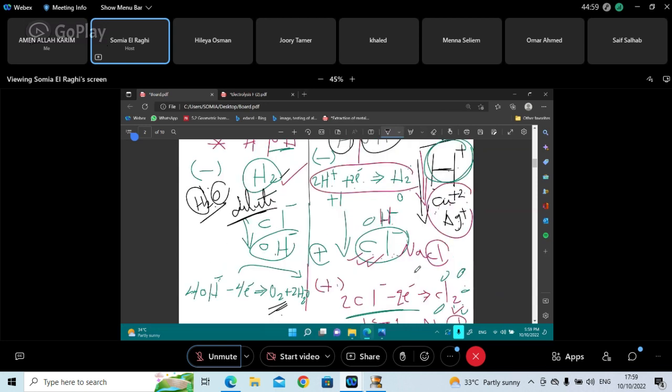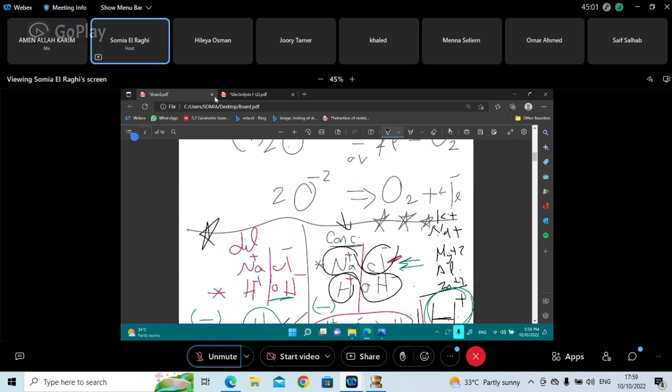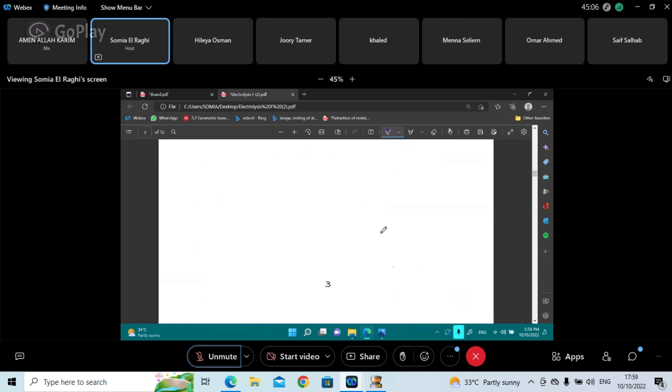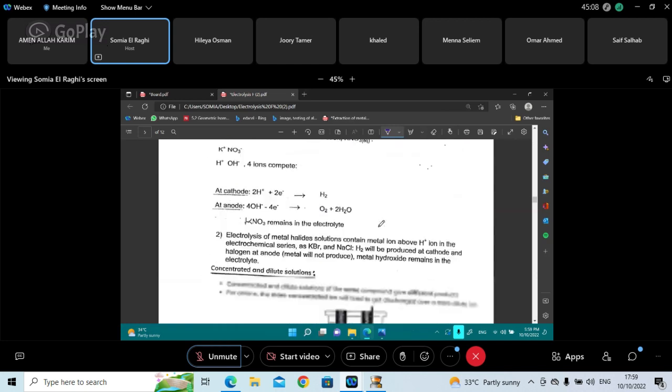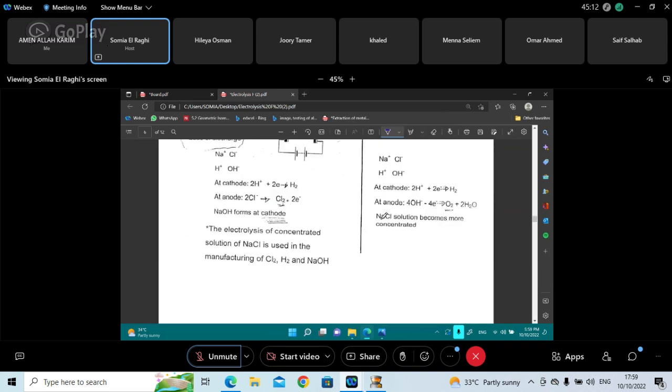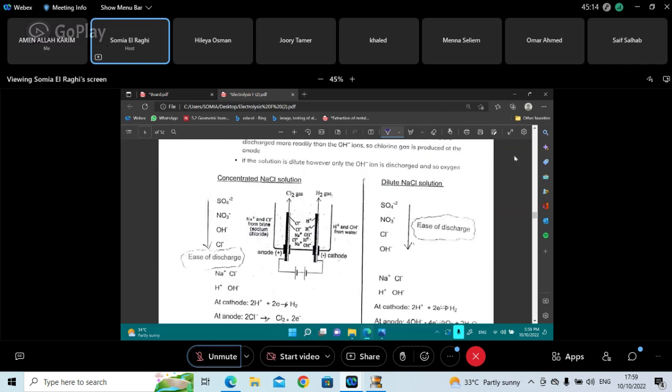I repeat again: whether concentrated or dilute, I wrote everything here in the note, for dilute and concentrated on page 6. Diluted sodium chloride and concentrated. I write down this sign for you again.